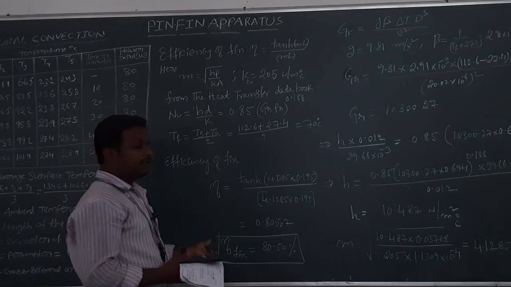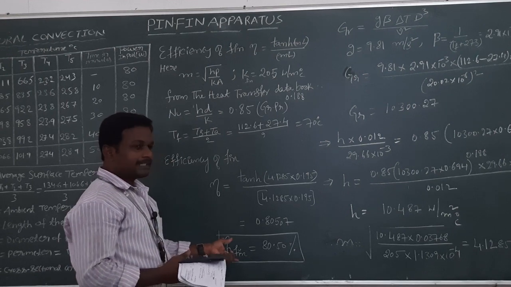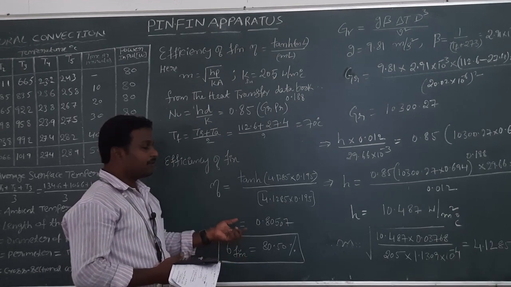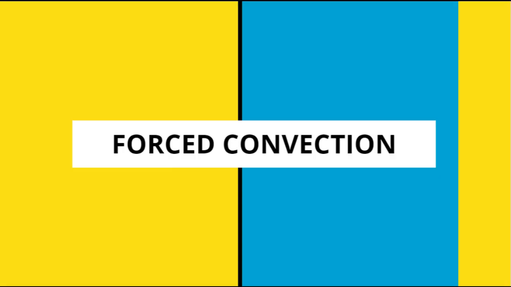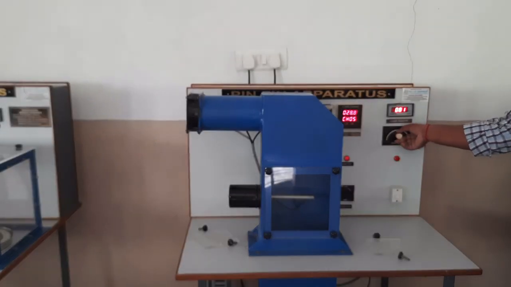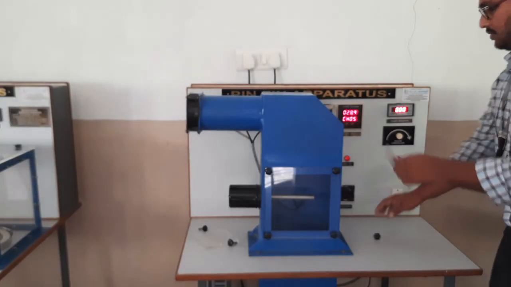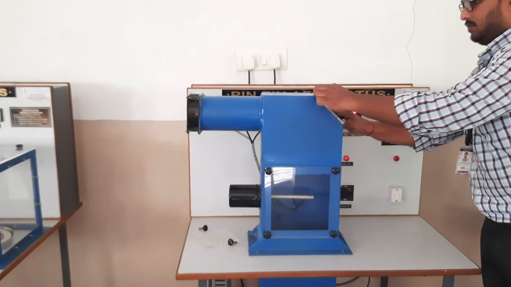We conducted the experiment in natural flow conditions. Let us go for the experimental procedure of the forced flow condition. After conducting the experiment in natural flow condition, turn off the heater and close the windows provided at the top and bottom of the duct.